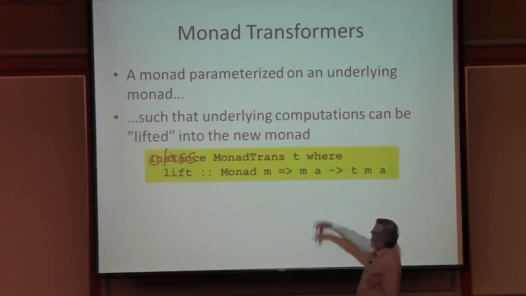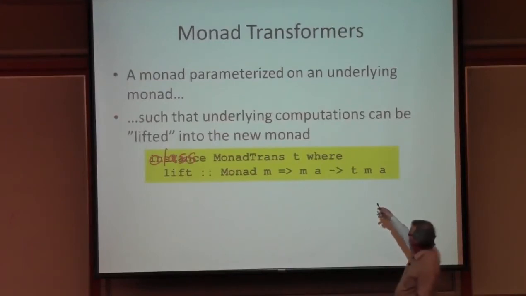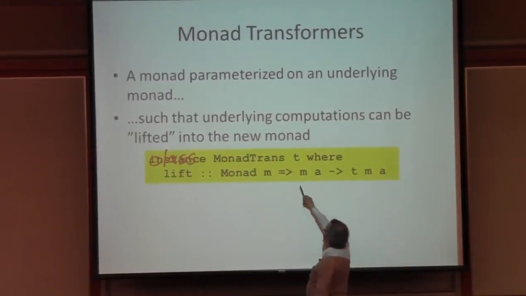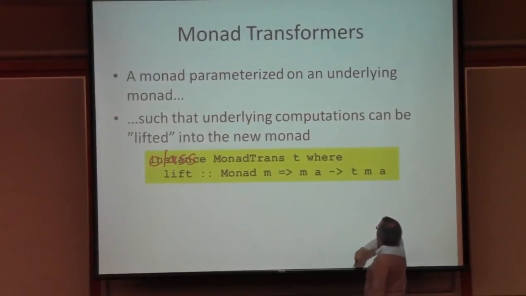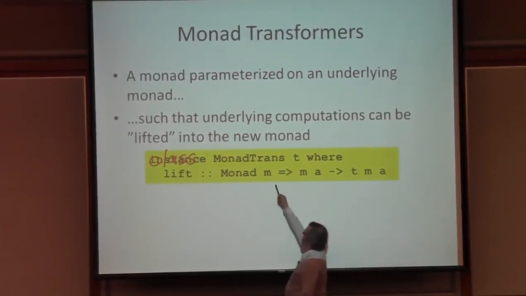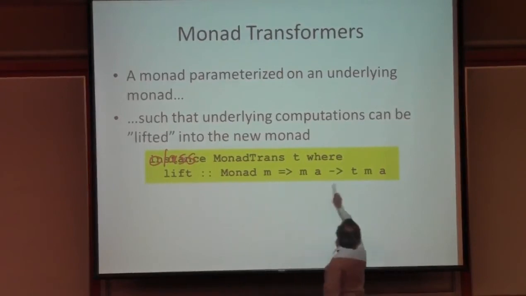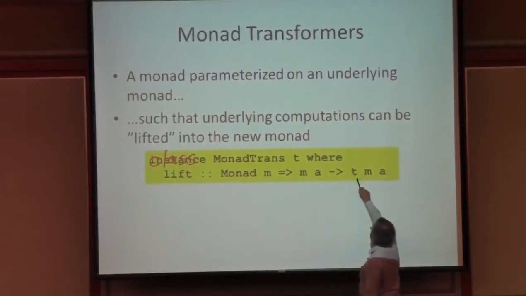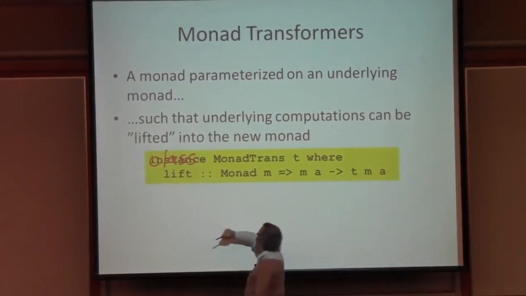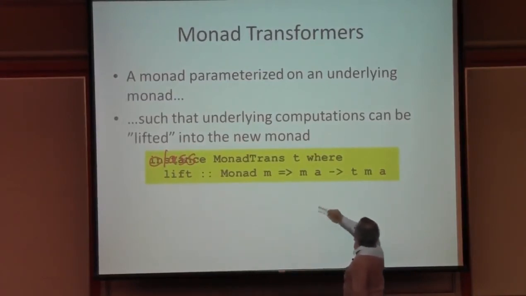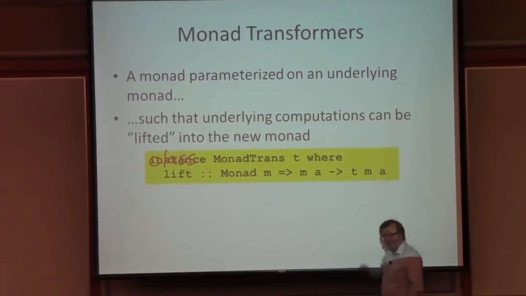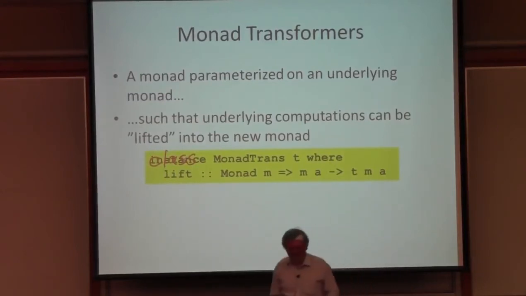We can define a class of monad transformers, which is a parameterized type T with two parameters now, such that for any monad M, we're going to get another monad, T of M, with a lift operation that takes an M computation and moves it into the richer monad.